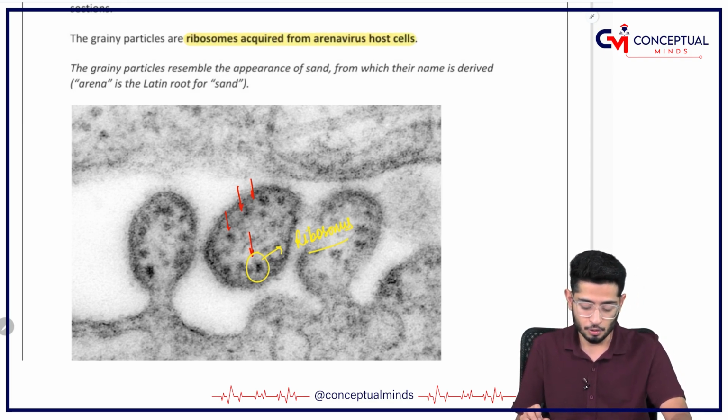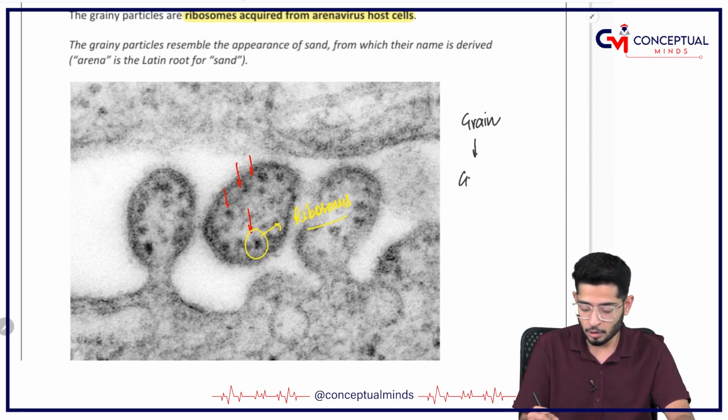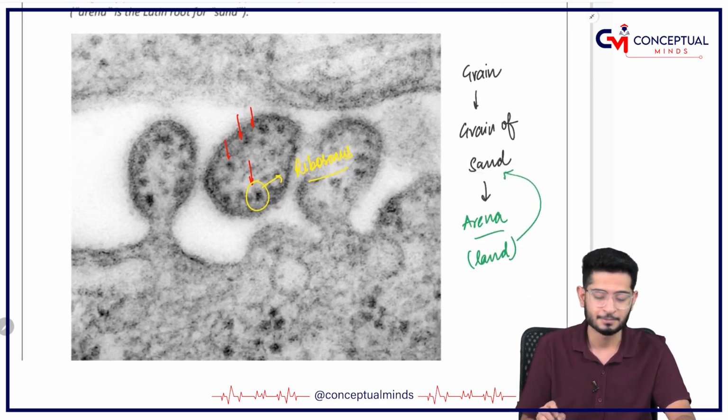These grainy particles look like the grains of sand, and because they look like the grains of sand, they are called the arenavirus. Arena means land for that matter, and land is having sand for that matter.